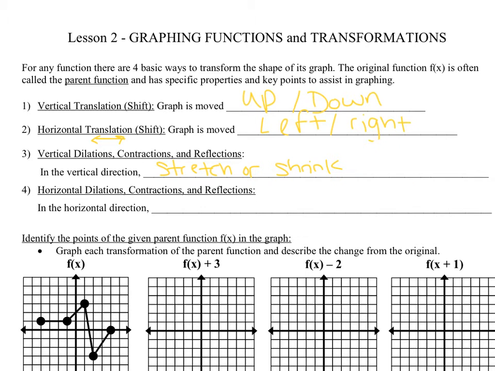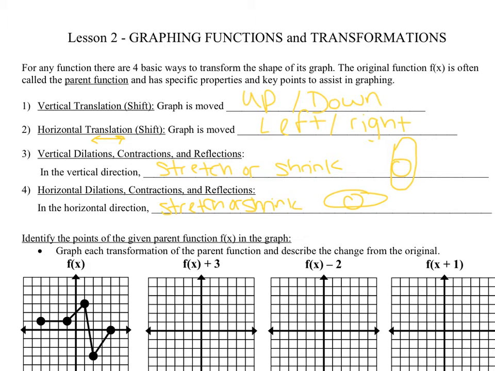So here's your circle. If you stretch it vertically, it would stretch like a rubber band kind of deal. The horizontal dilation is the same idea. It would be a stretch or a shrink. And you would just be stretching that circle left and right. So that would also create a sideways ellipse.